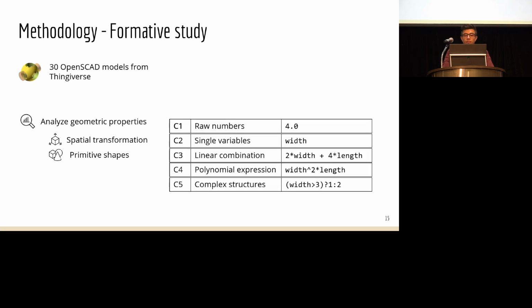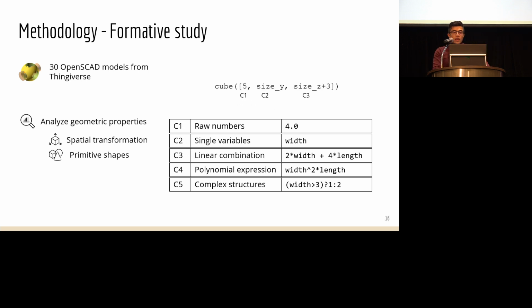OpenSCAD went through the code, counting and categorizing the different definitions under five categories: raw numbers, single variables, linear combinations of variables, polynomial expressions, and complex structures.